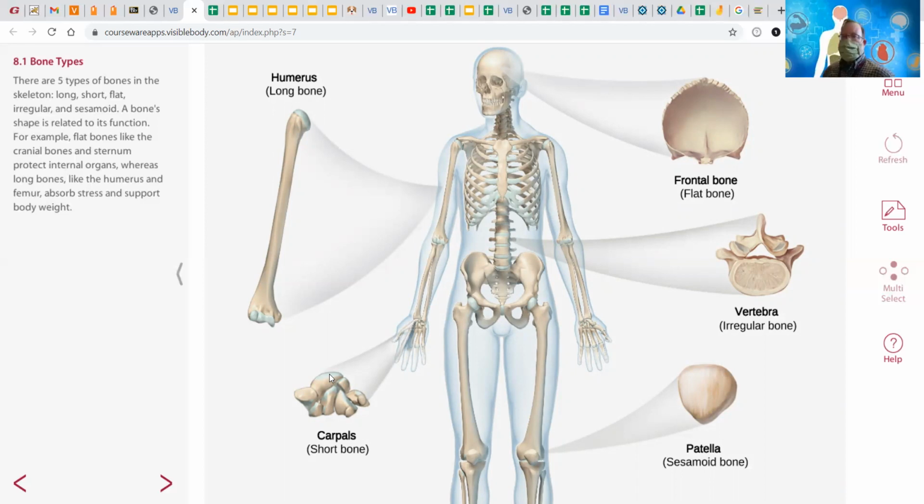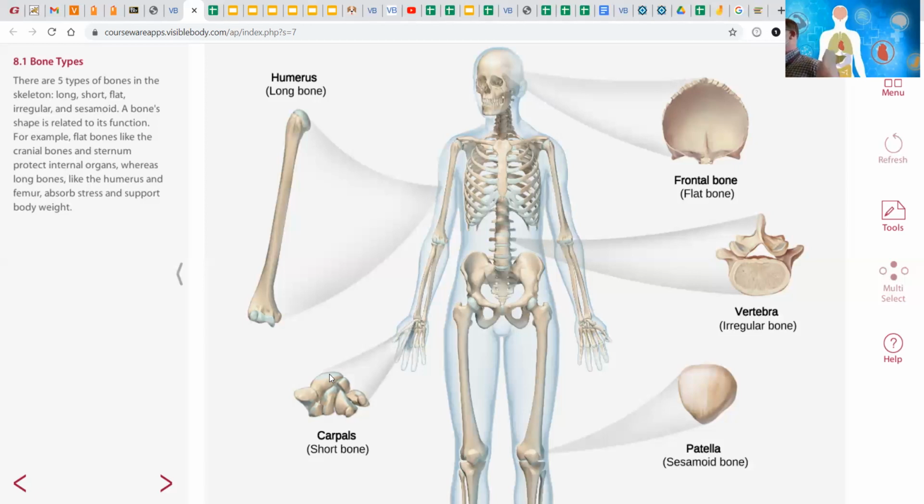And then we have several flat bones. It just lists the frontal bone there, which is your forehead bone. But most of the cranial bones are going to be flat bones. In fact, most of the skull bones are considered flat bones. And then we'd see like the sternum is a flat bone. The ribs are considered flat bones.